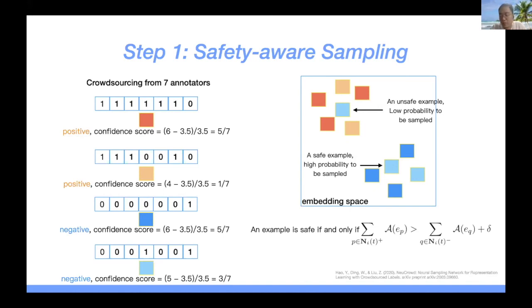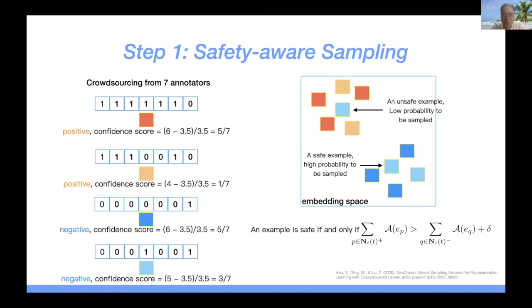For example, on the right side, on the top, this blue one is a negative, but all its neighbors are positive examples. So we believe that this blue one is unsafe. However, the example below is very safe because all of these 5 neighbors are negative ones.